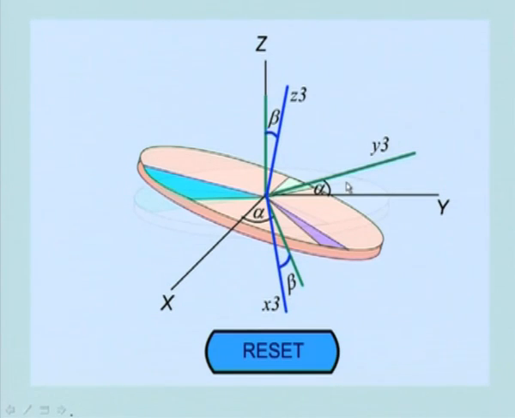Now the intersection of the x2, y2 and x3, y3 planes is known as the line of nodes. So these two planes intersect, and that is called the line of nodes.